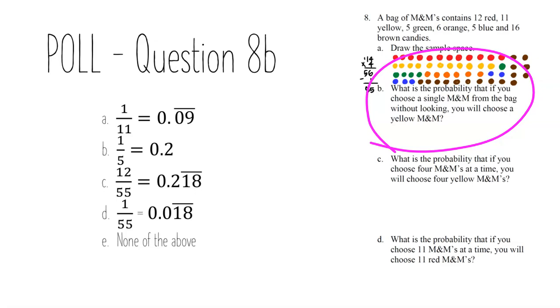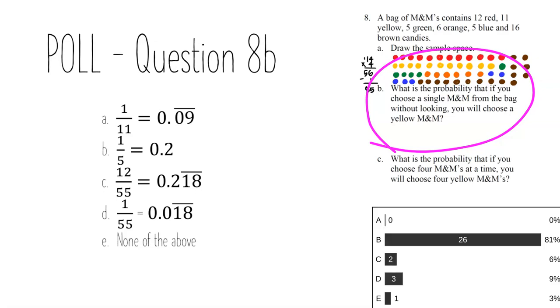I'll wait another minute for the rest of you to respond. Okay, the correct answer was B. I think some people chose D, not reducing it, or just not reading the question carefully.